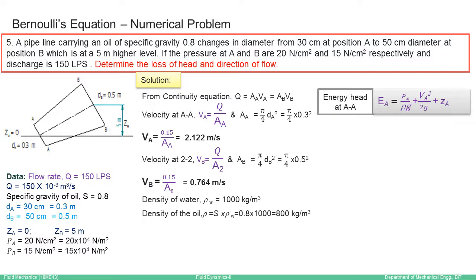EA is given by PA by rho g plus VA square by 2g plus ZA. So each of these potential, kinetic and pressure energy heads are calculated and summed up to get the total energy. Since we have the values for PA, VA and also ZA, and density is known, we can find out the energy head at A.